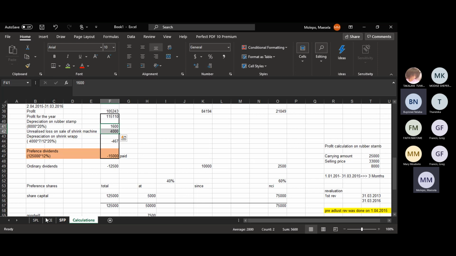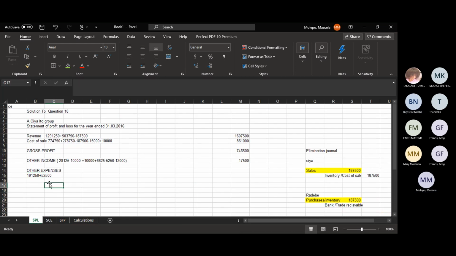So we have SPL. We added those two, and then you minus the 4,000 for the unrealized profit, which was a loss. Remember that it is an unrealized loss, a loss which is not yet realized.